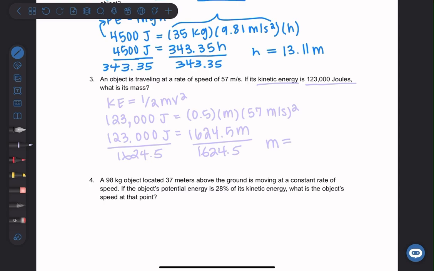And the mass should be around 75.72 kilograms.